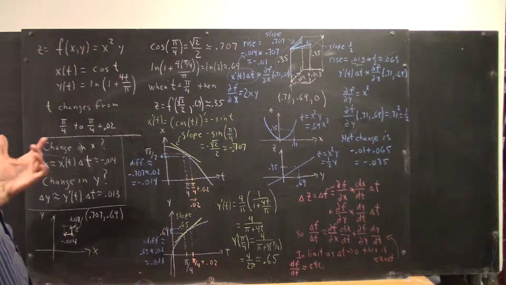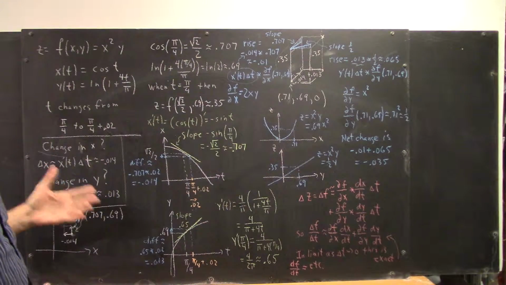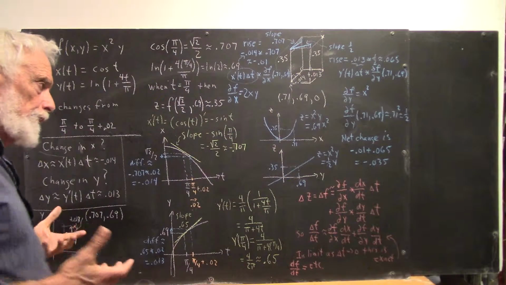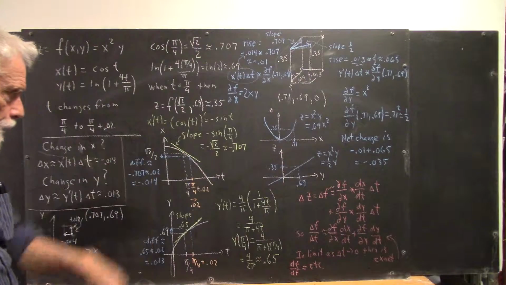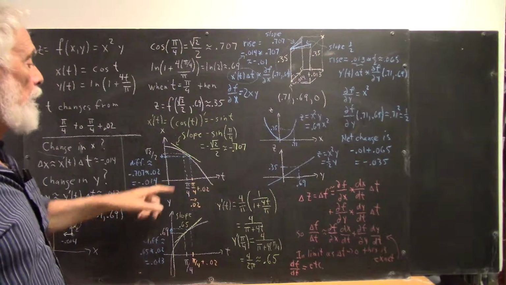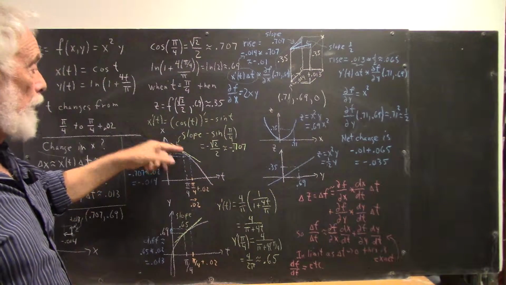Okay, instead of just plugging in pi over 4 plus 0.02, we use what we know about derivatives and differentials. And that is simply that on a graph of x versus t, and this is a representative graph of the cosine, at pi over 4, the slope is equal to the value of the derivative.